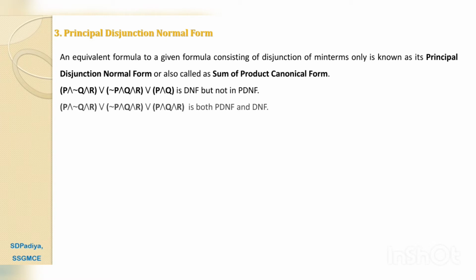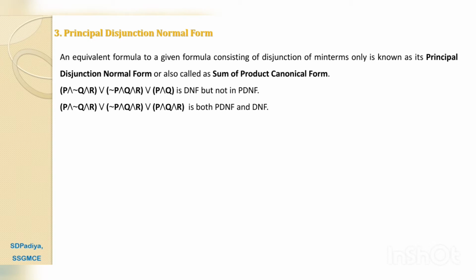Let's have the second example: P and not Q and R, or not P and Q and R, or P and Q and R. Now here again we have the 3 elementary product terms which are connected by the sum. That's why we can consider it as a sum of product, that is disjunction normal form. Now in the first elementary product all 3 factors are available.